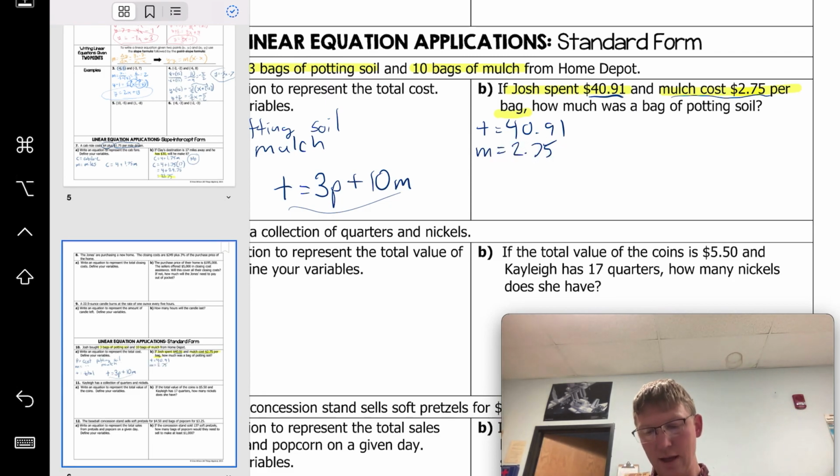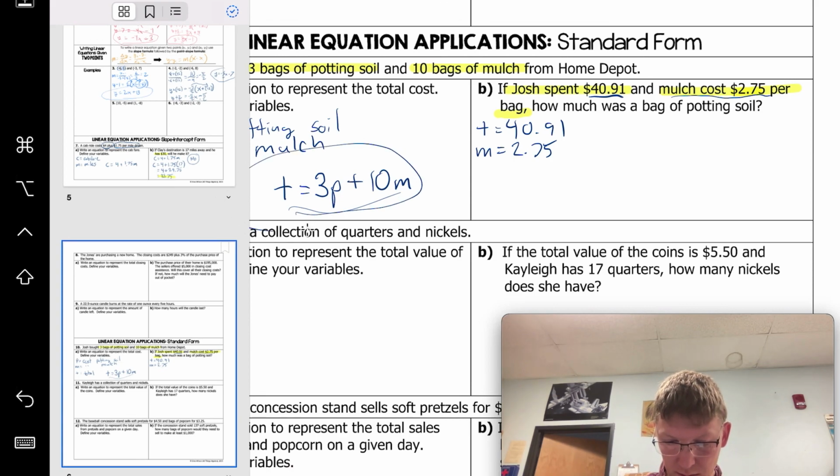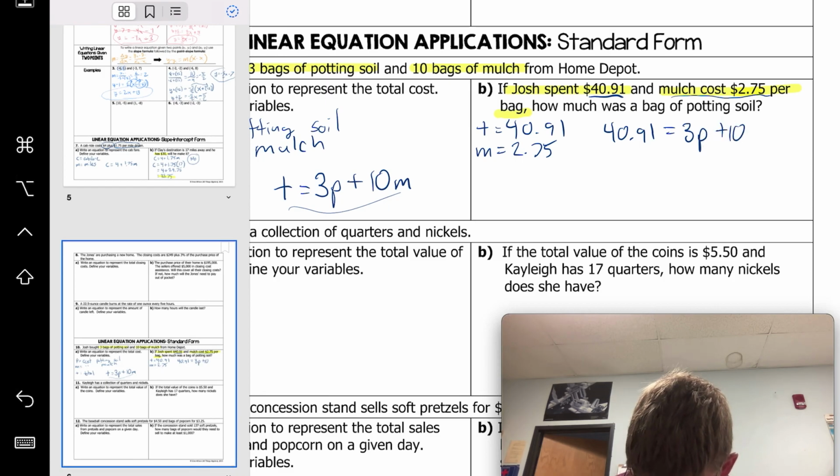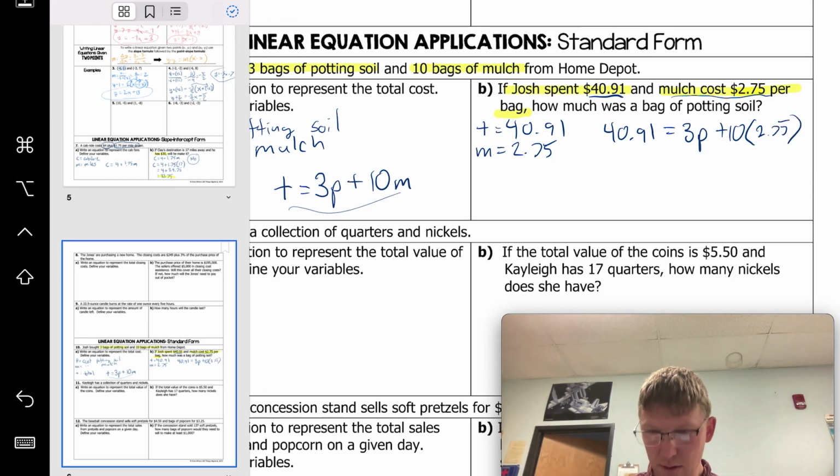So now when I write it down like that, I can easily see I've got 2 variables. I'm missing 1. So if we look at our equation back here, we just plug in what we have and then solve for the rest. So our equation looks like 40.91 equals 3P plus 10 times 2.75. So then we can multiply the 10 out.